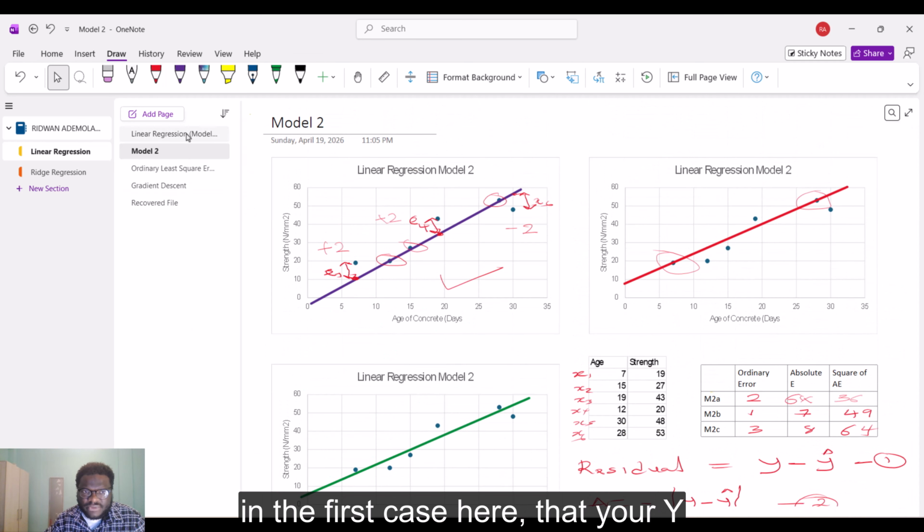So my cost function is simply y minus b naught minus b1x, then everything squared. Don't forget, minus times minus gives plus, then minus times plus also gives minus. So this equation is what we call the cost function.